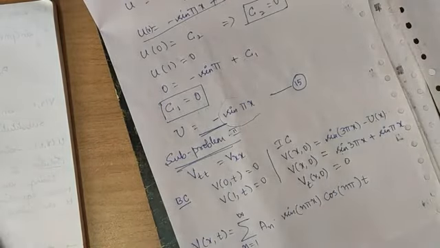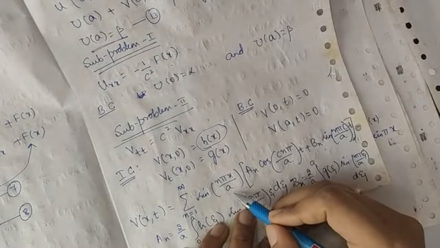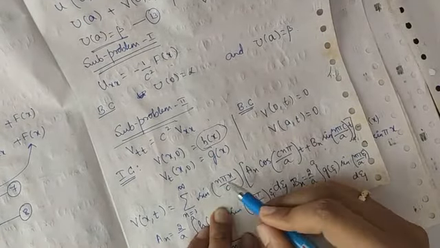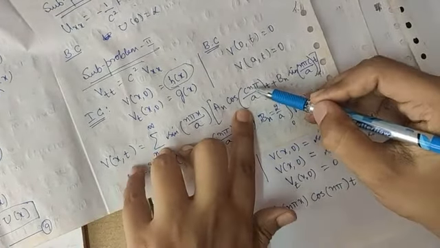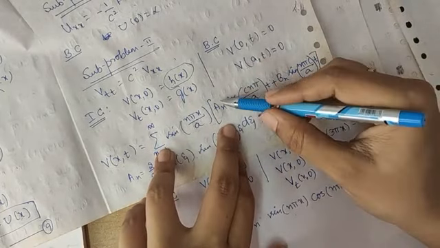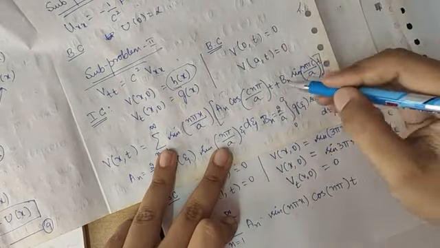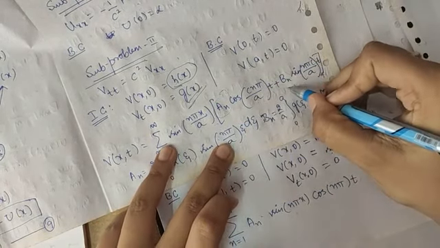You can compare that with your method. So in the problem a is 1, so sin n pi x I have written as it is, cos n pi t as it is, a is 1 and an as it is. Since there is no g of x, your bn will be equal to 0.